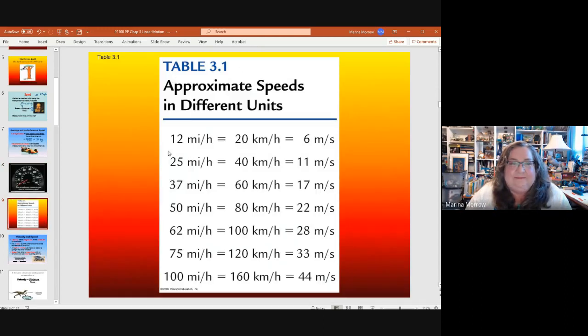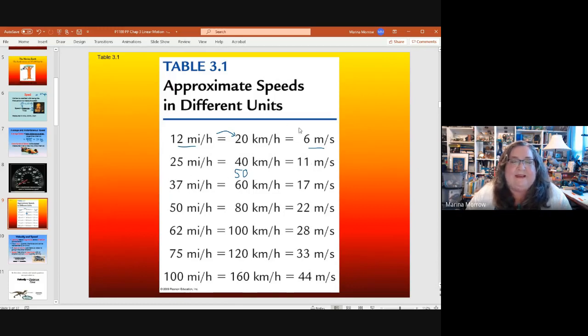Now, as I said, to convert meters per second to miles per hour, you pretty much just have to double the meters per second. So 6 meters per second equals about 12 miles per hour. It's kind of the other way if you're trying to go to kilometers per hour: it's like you halve the miles per hour. So when we were saying that somebody was going around 50 kilometers per hour, that's only about 30 miles per hour.